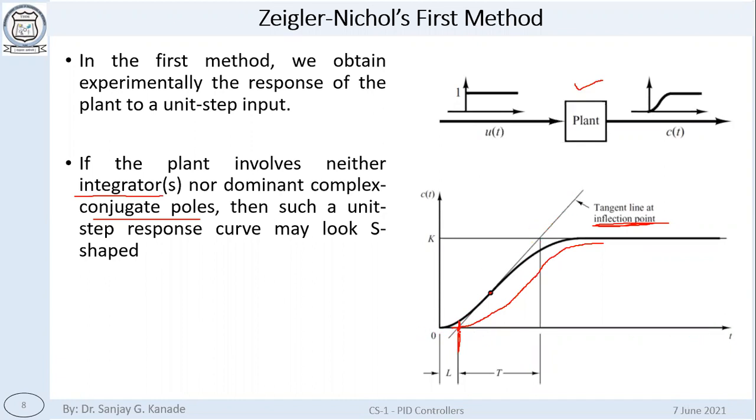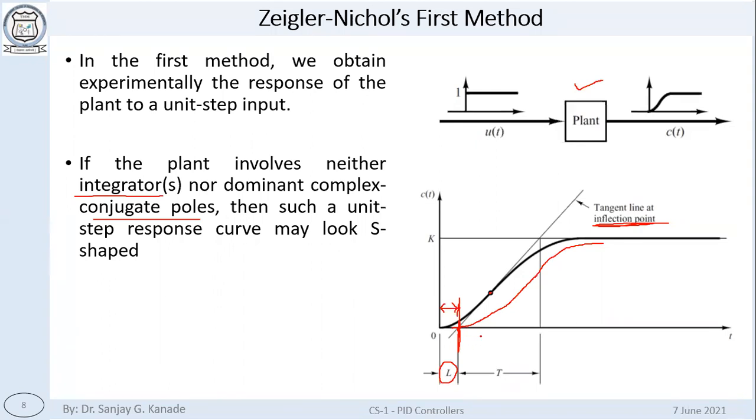The distance between the origin and this intersection point is called L. We are going to use this notation in the formula, that's why just bear with me for a certain time.